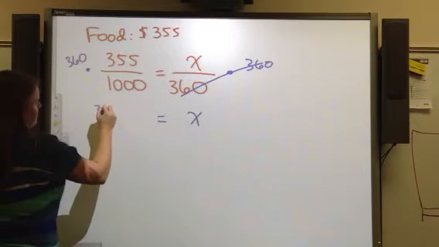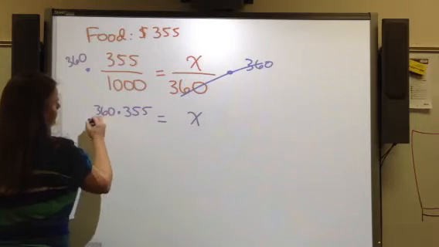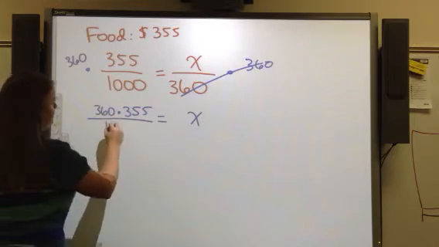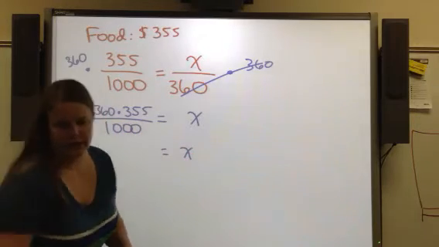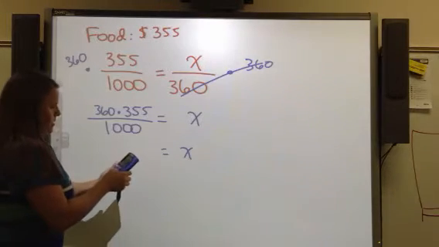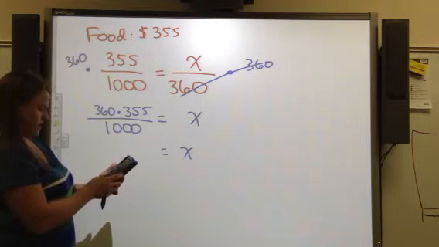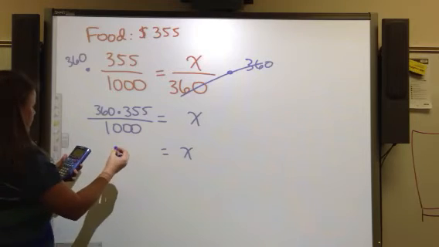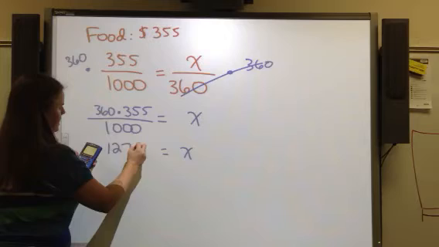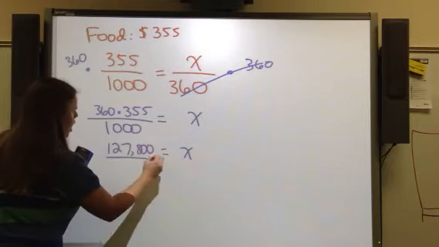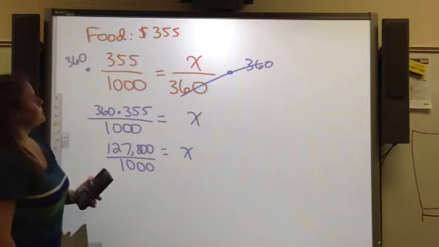So now I've got 360 times 355 all over the total 1,000. At this point, to save time, I'm going to allow for calculators. So I'm going to put in 360 times 355, and that equals 127,800, all over my same denominator of 1,000.